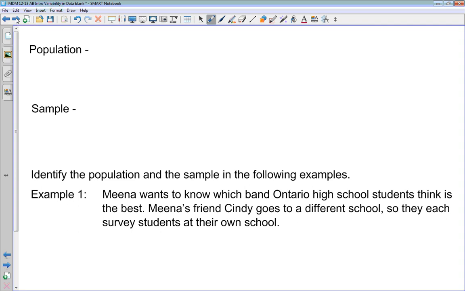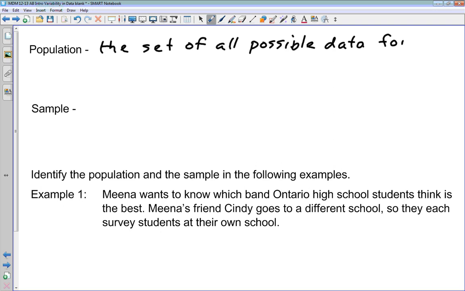We've encountered these two words before, but let's just nail them down specifically. The population is the set of all possible data for which conclusions can be drawn.